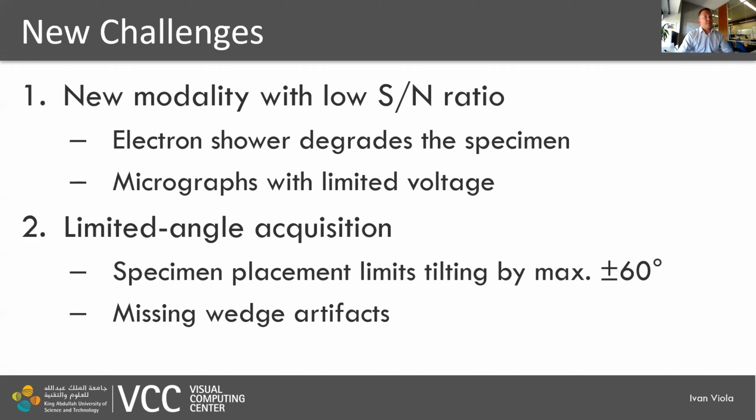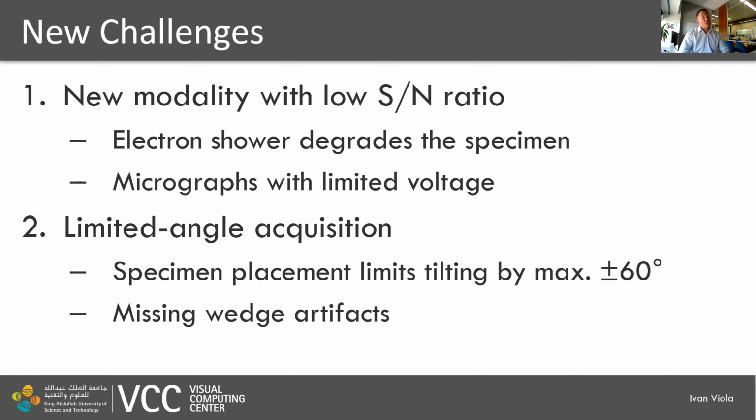Otherwise, the specimen will degrade, and we will not have the original untouched specimen anymore to image. So this is somehow a limitation which then results in low signal-to-noise ratio.